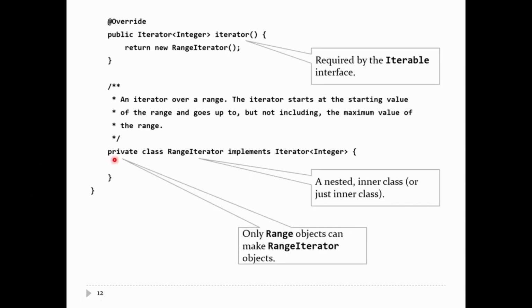So we make it private so that no one else knows about it. They can still use it, because iterator still returns an iterator. Whatever object is returned by this method, people know they can call hasNext and next, because those are the methods that belong to iterator. But they never actually know that it's a range iterator object that's coming back. They just know that they're getting some iterator.